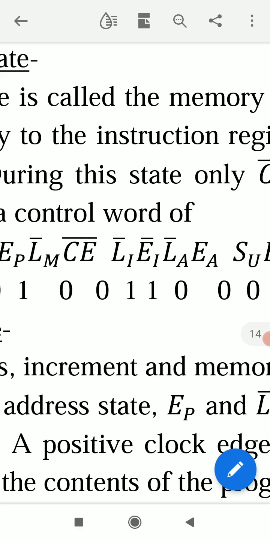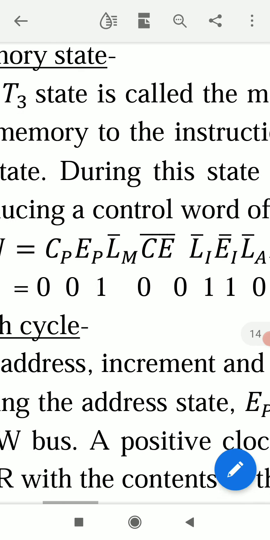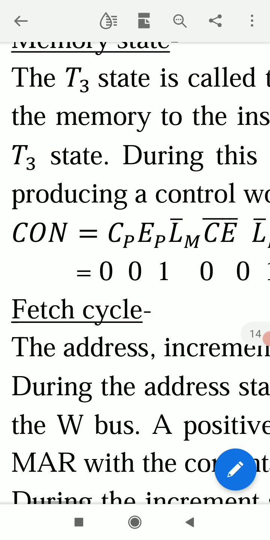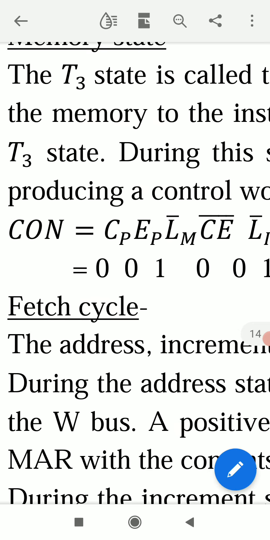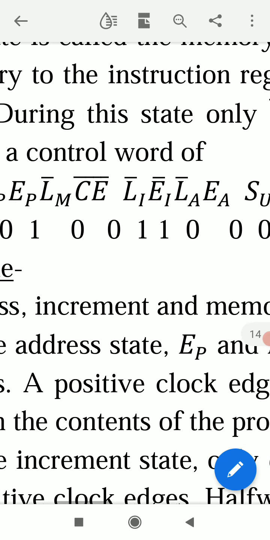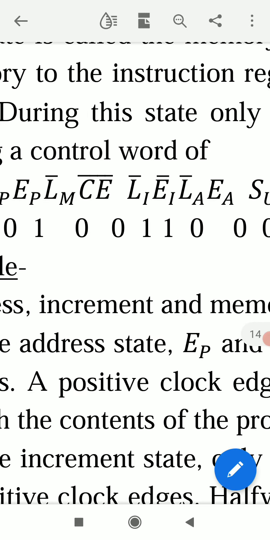These are two active bits, and other bits are inactive. And controller sequencer will produce this control word in which CE bar and LI bar are 0 and other bits are inactive.